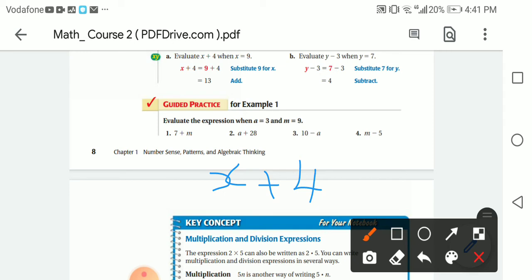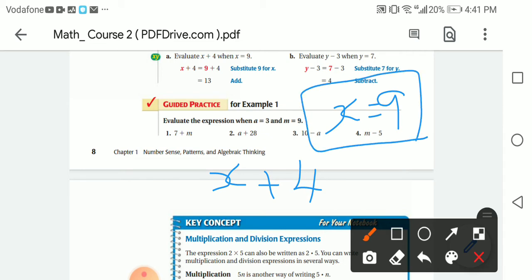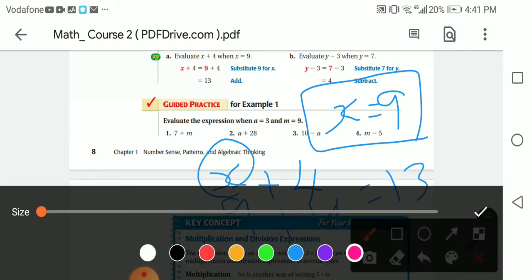And here, x equals what? It's given here, x equals 9. So put 9 instead of x. This is called substitution. Don't forget, substitution. So I'm going to write 9 instead of x. Plus 4 equals 9 plus 4, 13. Easy one.